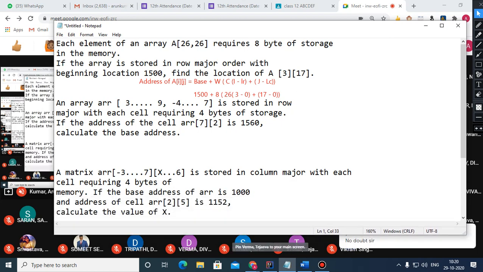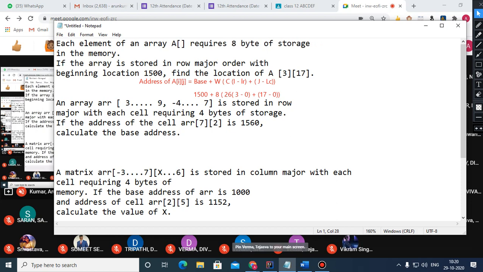Okay. Children, in some cases, the values will be like this. Suppose it starts from 15 up to 10, and then it starts from 15 up to 40. So children, in this case, you need to calculate the row and column. Here the upper limit of the row is 10 and the lower limit of the row is 15.